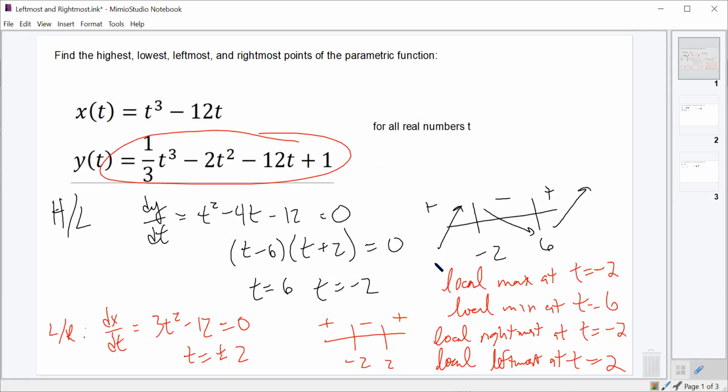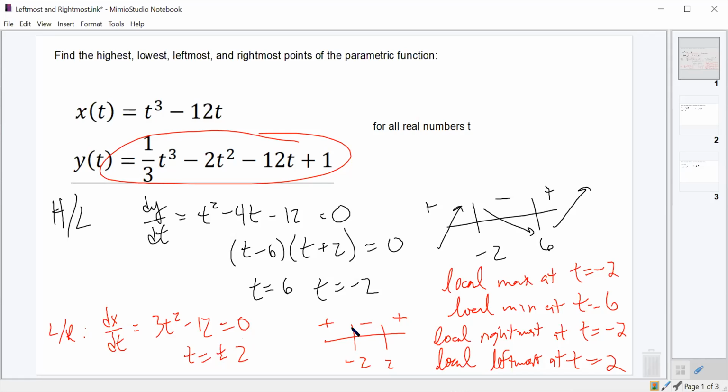I see. Yeah, and same basic concept here. For this function, the x values are getting smaller as the t values become larger negatives. So this is getting very, very large negative x values over here.